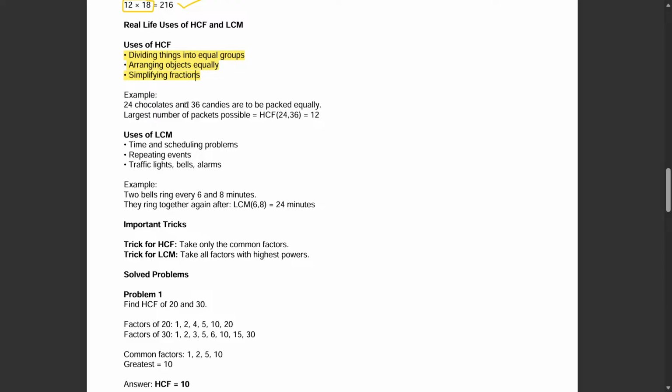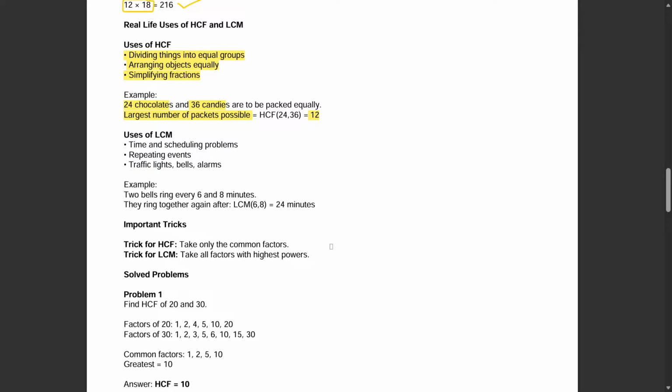If 24 chocolates and 36 candies are to be packed equally, the largest number of packets possible equals the HCF of 24 and 36. So we are getting 12 as the answer.